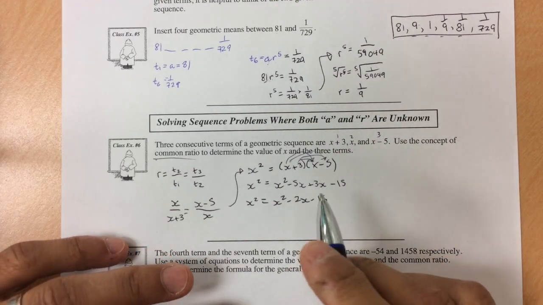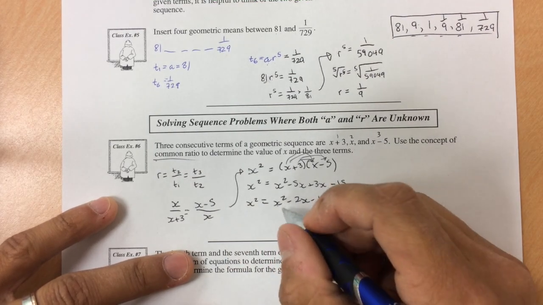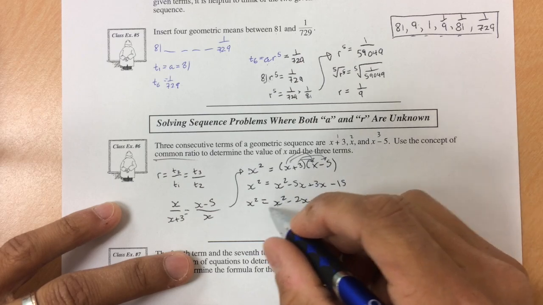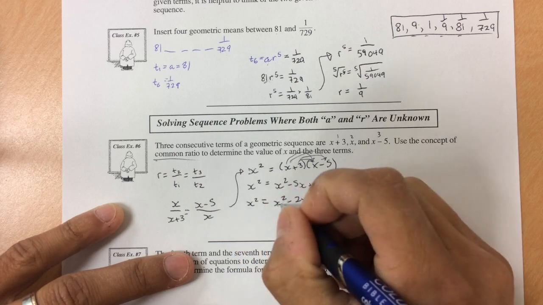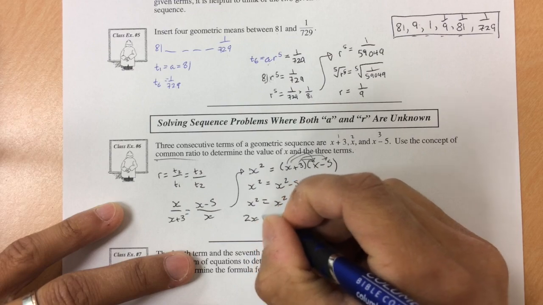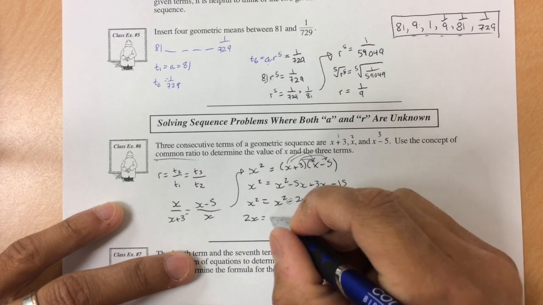So again, I want to get all my like terms to one side. I'm going to subtract x squared from both sides, which would leave me with 0 on this side of my equation. I'm going to bring my 2x over here. I need to add it since it's a negative 2x.